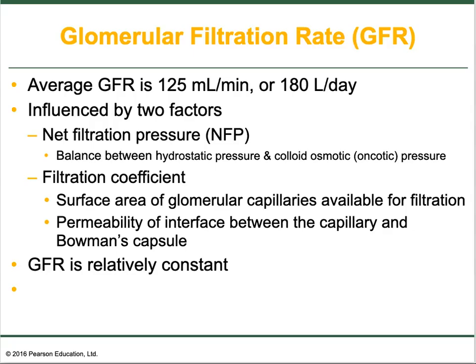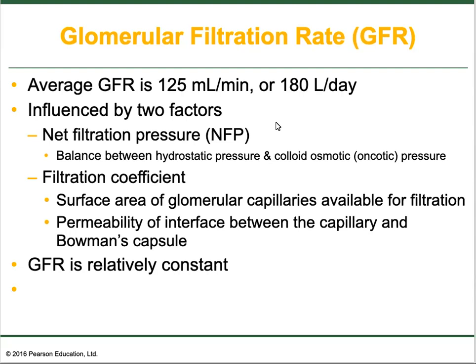The volume of fluid that filters into Bowman's capsule per unit time is known as glomerular filtration rate. Average GFR is around 125 milliliters per minute, or around 180 liters per day. Since you only have about 3 liters of plasma in your body, the kidneys are able to filter your entire plasma volume around 60 times a day.